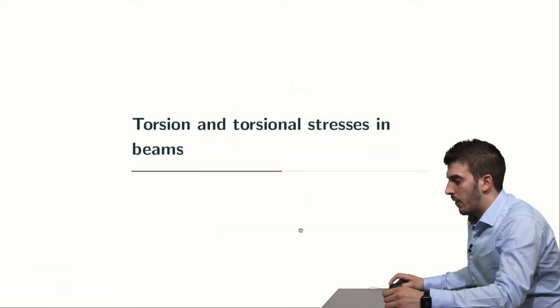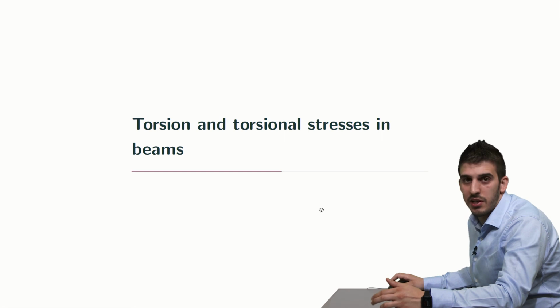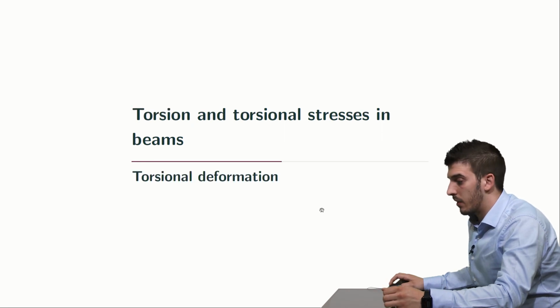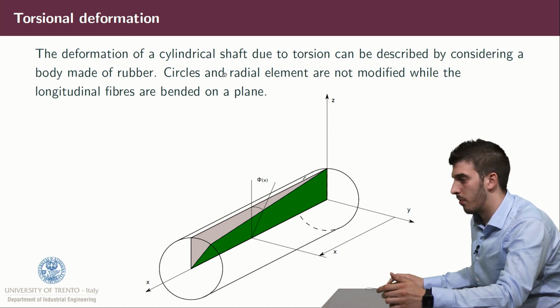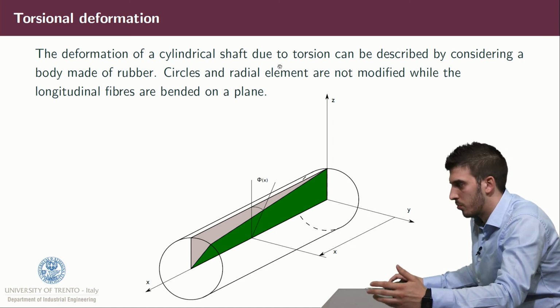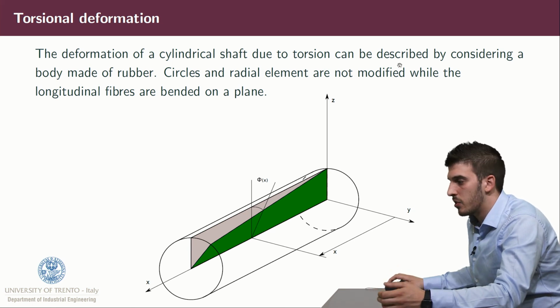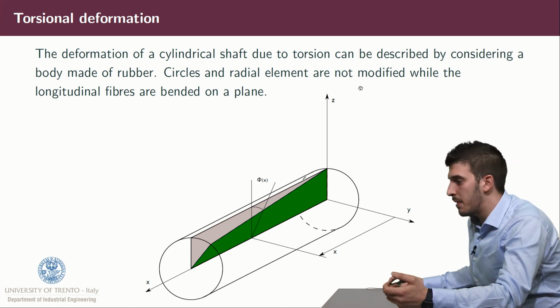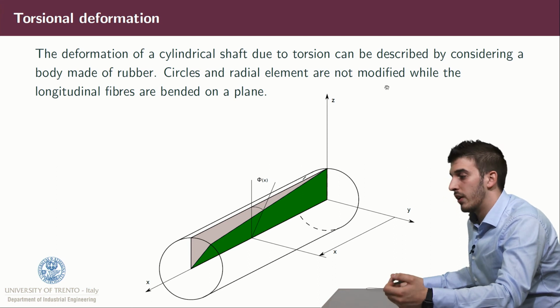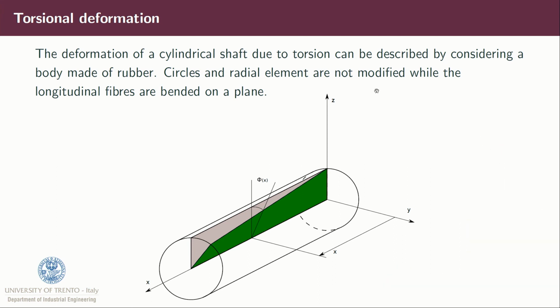We can now enter into torsion and torsional stresses in beams, and in particular the torsional deformation. So the torsional deformation of a cylindrical shaft due to torsion can be described considering a body made of rubber. So circles and radial elements are not modified, while the longitudinal fibers are bent on a plane, as in the figure below.